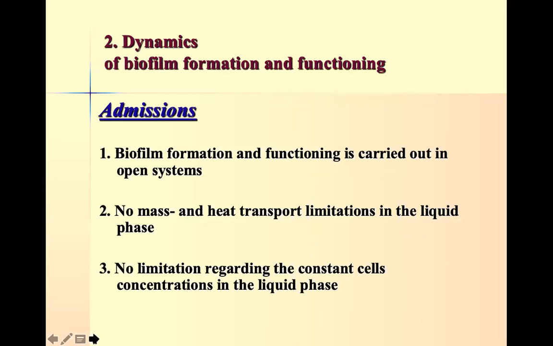So, dynamics of biofilm formation and functioning. Biofilm formation and functioning is carried out in an open system. It is always an open system, with no mass and heat transport limitation in the liquid phase. So heat and mass can be transported, and there is no limitation regarding the constant cell concentration in the liquid phase. How many cells can be constant at the base, or how many would be in the mobile phase, there is no limitation.